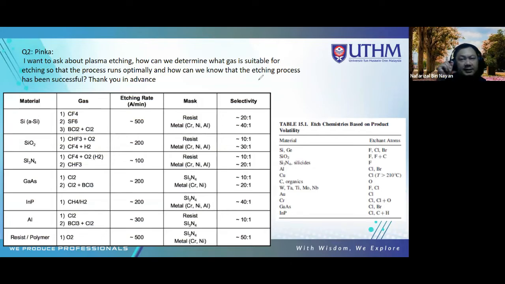By understanding this etching process, I think it will be a good selling point for you to secure a job in the semiconductor industry. Okay, so I move to the next questions.